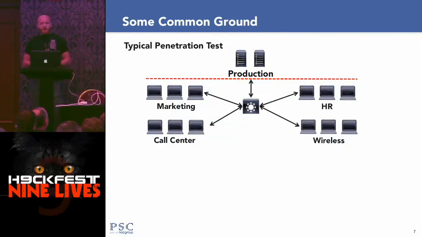Like I said before, PSC, the company I work for, is primarily a PCI company. For those of you who aren't familiar with PCI, PCI is the payment card industry. So we're concerned with protecting your credit card information. So often our goal for a penetration test is the cardholder data environment.